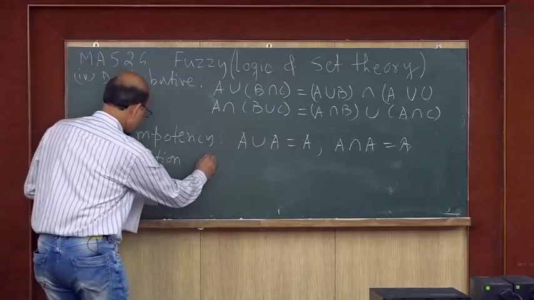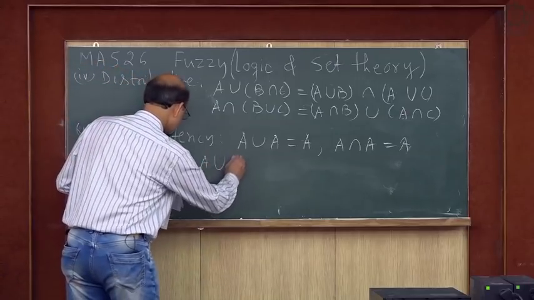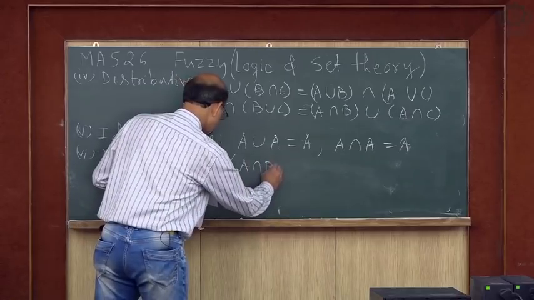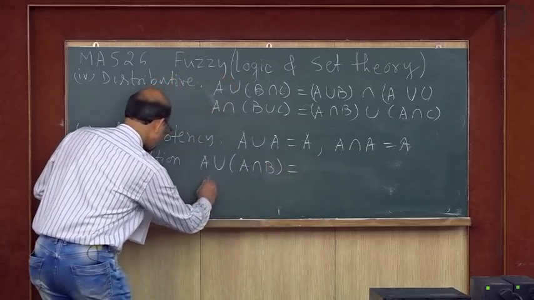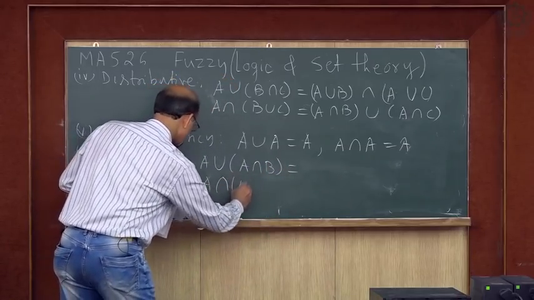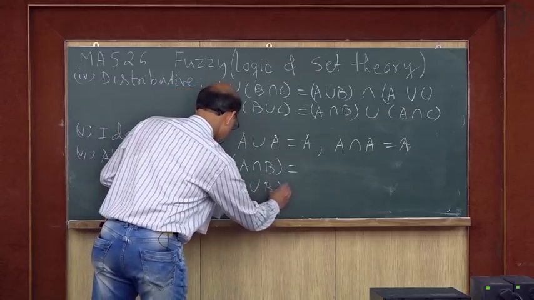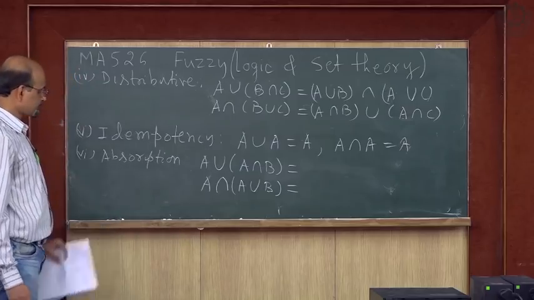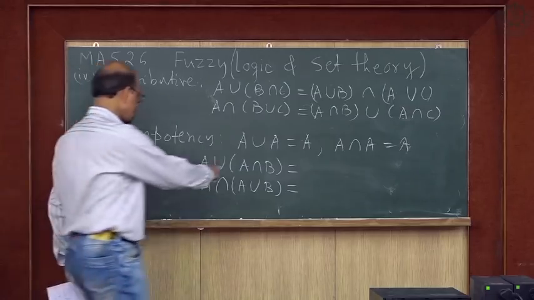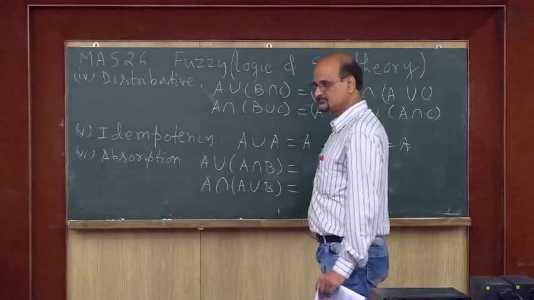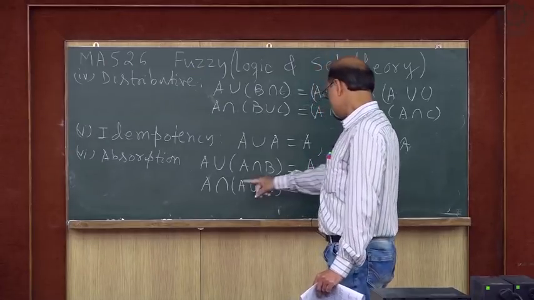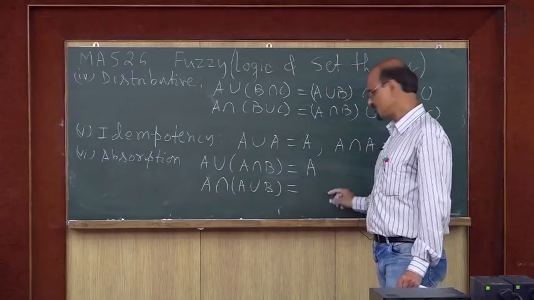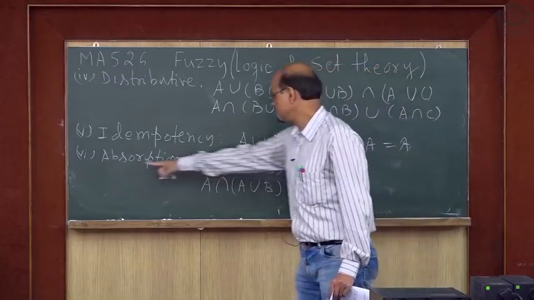Absorption is A union A intersection B, and A intersection A union B. Tell me, A union A intersection B is A, and A intersection A union B is A. So these are called absorption.